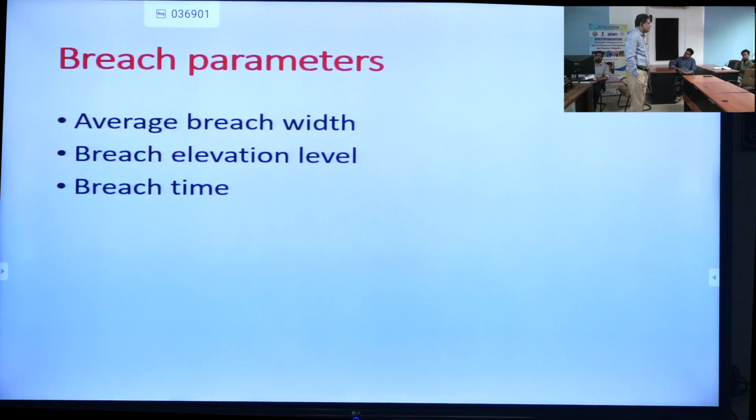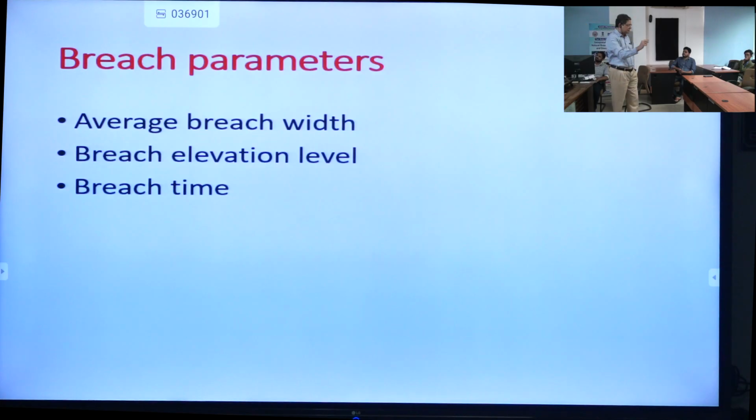These are the 3 most important breach parameters that we must provide as users to HEC-RAS. One is the average breach width. If it is a trapezoidal section, after the dam break process is completed, this is the final shape. Then this width plus this width divided by 2 is the average width. When it asks for average width, we have to provide that. Next, the breach elevation. The top of the dam we know, but whether the breach reaches the bed or stops somewhere.